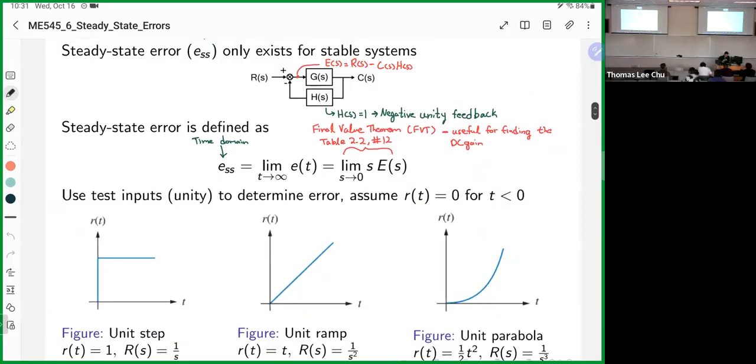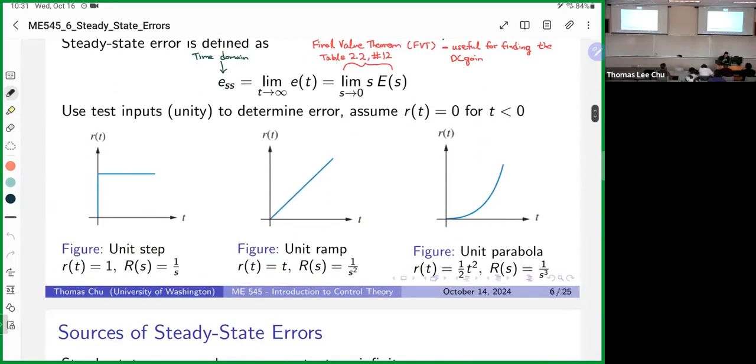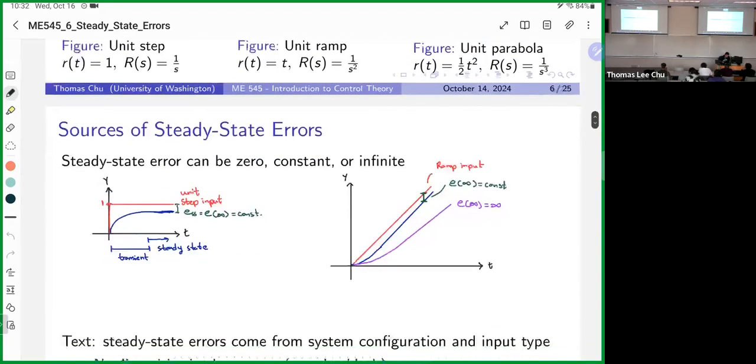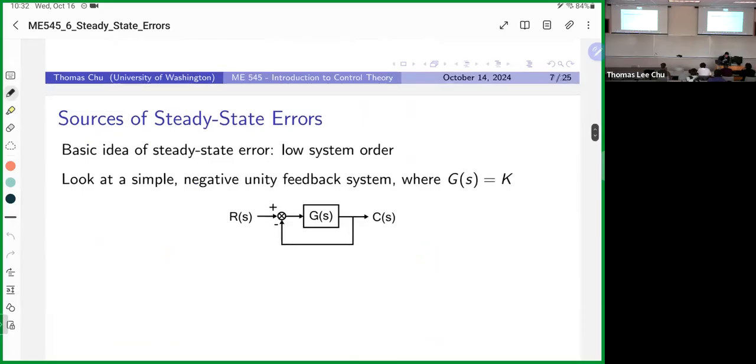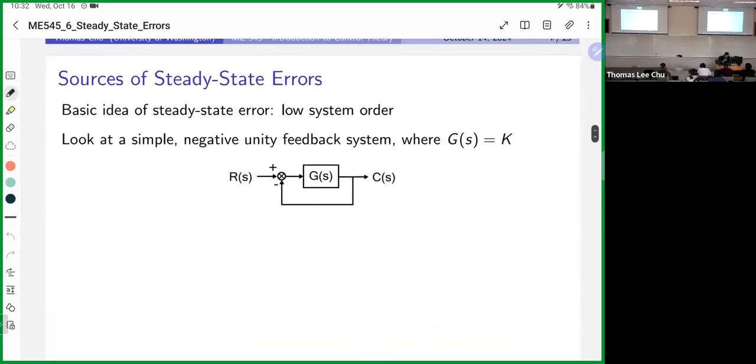You also apply these test inputs, and they're all unit sized, so they all have a size of 1. And then we talked about sources of steady state error, or at least one source. Today we're going to continue off of that.